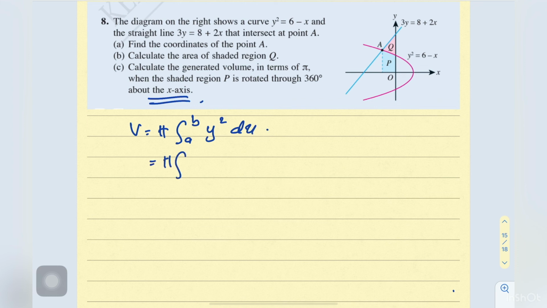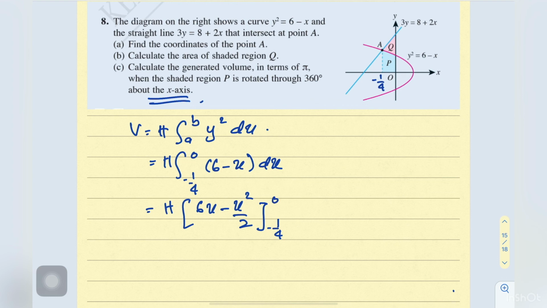Just now we know that for coordinate A, x is negative 1 over 4, so the lower limit is negative 1 over 4 and the upper limit is 0. Y squared is 6 minus x dx. Integrating, 6x minus x squared over 2, from negative 1 over 4 to 0.